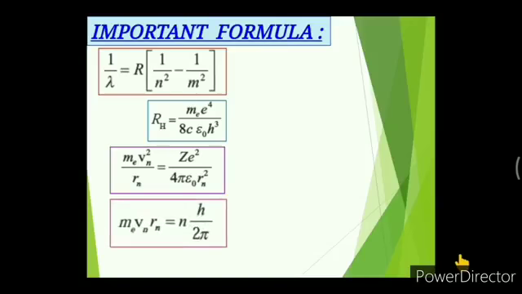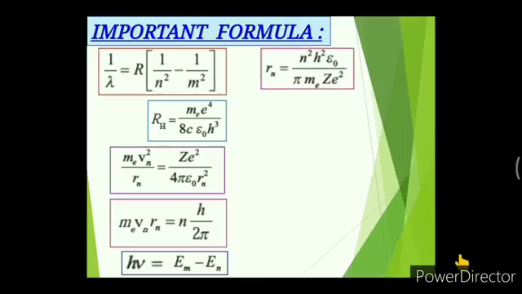By using Bohr's second postulate, we obtain the formula me vn rn is equal to n h upon 2 pi, and by using the third postulate we have the formula h nu is equal to Em minus En.